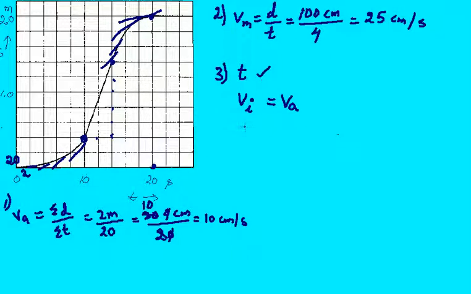If I consider the slope of the graph here, this is the instantaneous velocity at this point in time. Whereas average velocity is calculated by the slope of the line which passes through the origin.